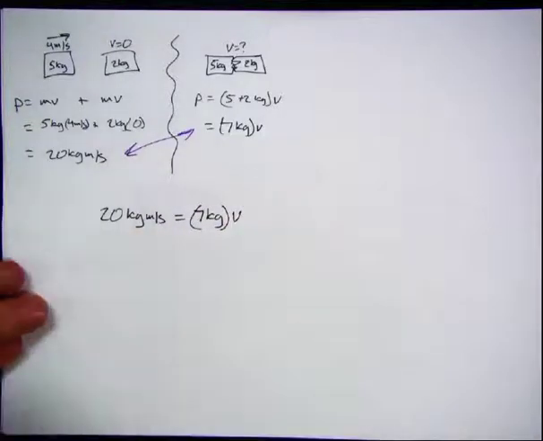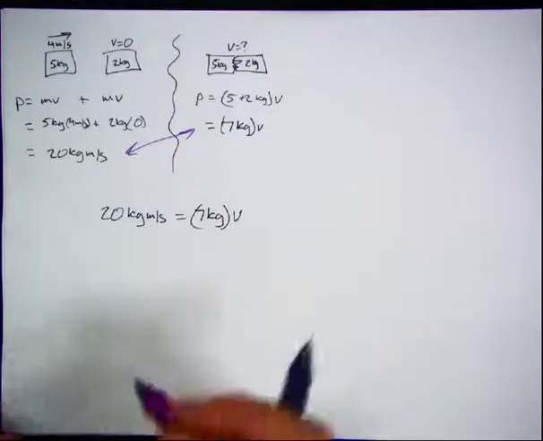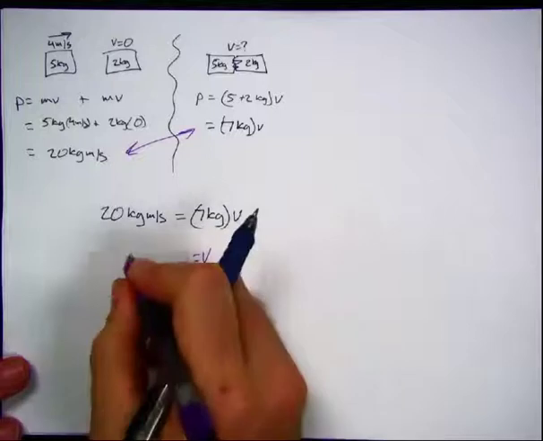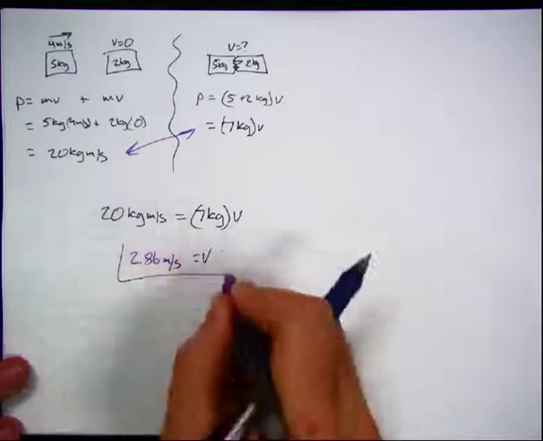And if I divide both sides by 7, so 20 divided by 7 ends up being 2.86. I end up with a velocity of 2.86 meters per second.